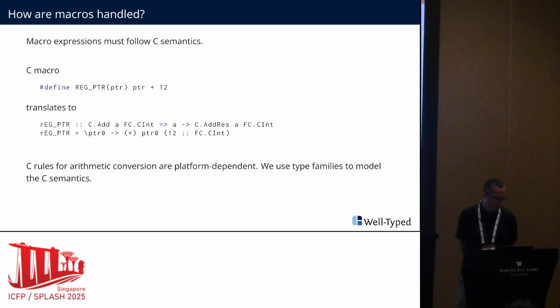To do that, we use type families to model the C semantics. This specific function uses the Add type class that has two type parameters, the first of which is polymorphic, and then the associated type AddResult is the result for your specific platform, because all of this is platform independent.